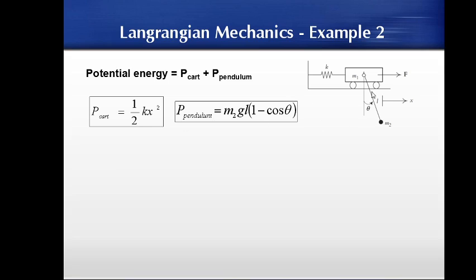And for the pendulum, the general expression from the basic concepts of pendulum in our physics or dynamics courses is m2 into g into L into (1 minus cos theta), that is mgh, where h is equal to L into (1 minus cos theta). The derivation can be obtained from your lower classes, or you can even Google it. I'm not going into the derivation. So P pendulum is equal to m2 g L into (1 minus cos theta).